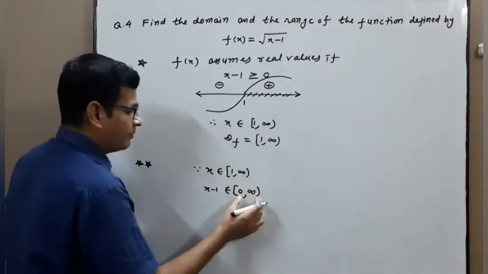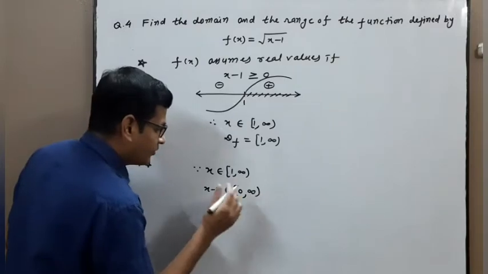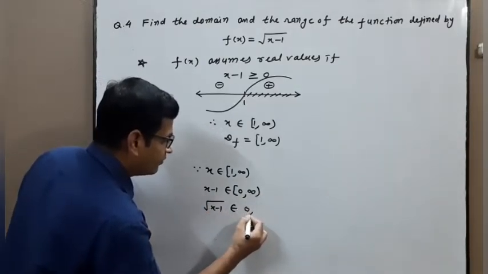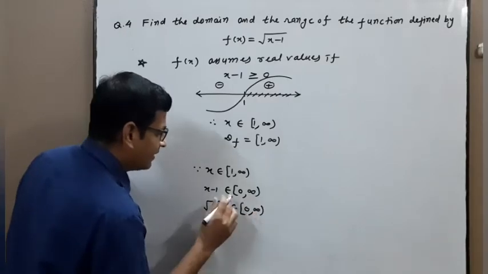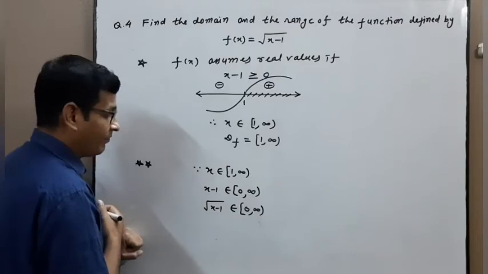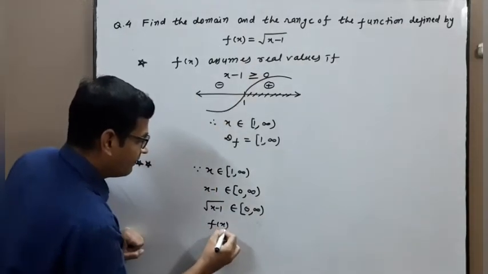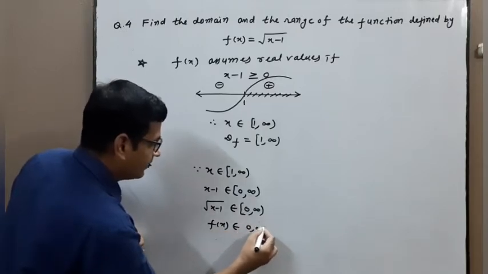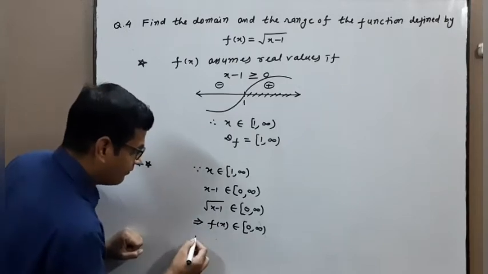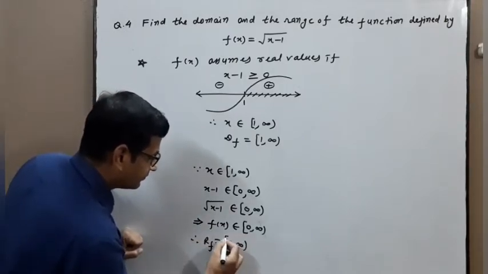So x minus 1 belongs to 0 to infinity. If x minus 1 belongs to 0 to infinity, then the square root of x minus 1 also belongs to 0 to infinity. Square root of any number between 0 to infinity also lies between 0 to infinity. And what is root of x minus 1? f(x). So f(x) belongs to 0 to infinity. Therefore range f equal to 0 to infinity.